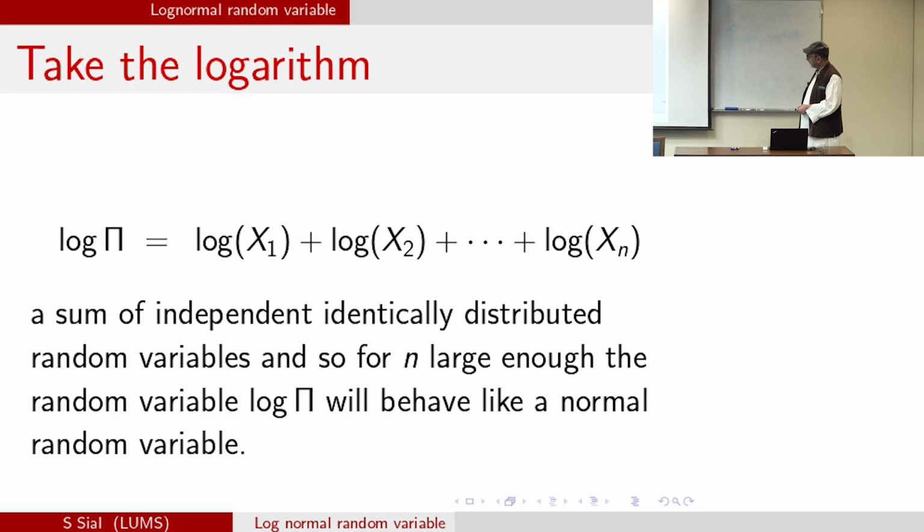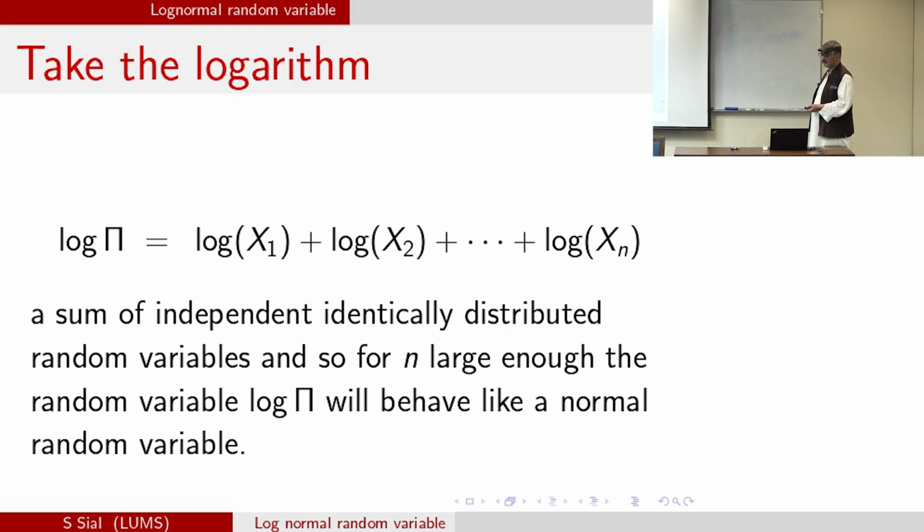What happens if I take the logarithm of this product? Now I've got log of x1 plus log of x2 up to plus log of xn, by the rules for logarithms: logarithm of a times b is log a plus log b. Now, if x1 is a random variable, then log of x1 is a function of a random variable.